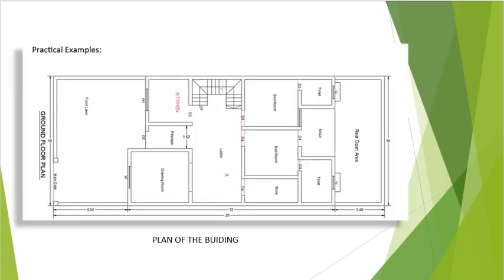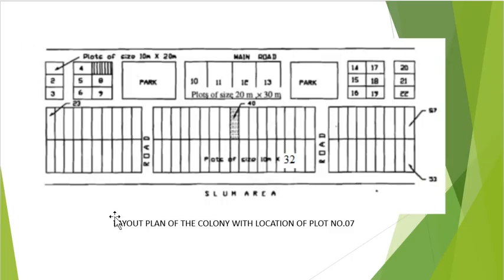So now we'll be taking an example. We have a plot. This is a plot here, and the building has been constructed like this. This is the ground floor plan of the building. So data is given to you. We will check. We have to do the valuation of this.